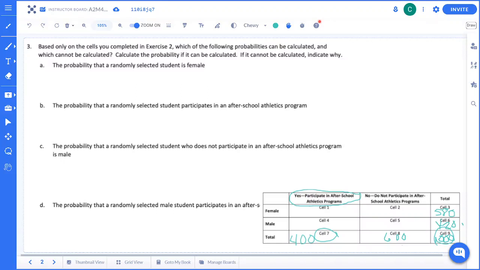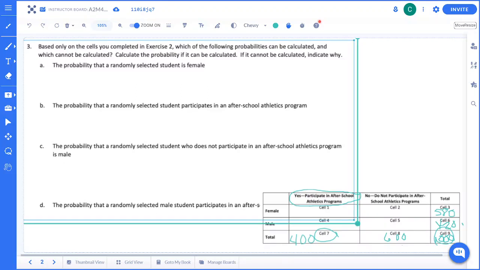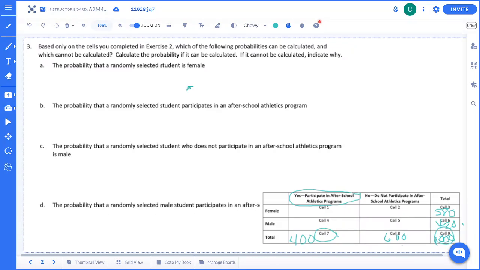And we're just saying what's the probability. So you're going to write that as 58 hundredths, because that's the total of cell 3. Okay. The probability that the student participates in an after-school athletic program is going to be 40 hundredths.